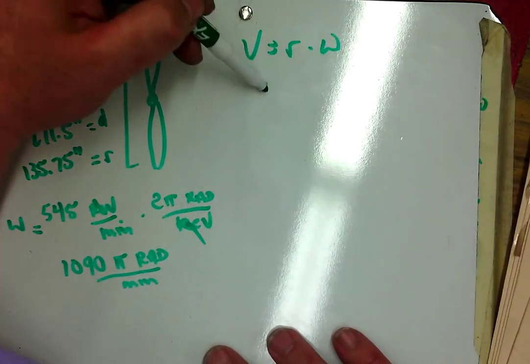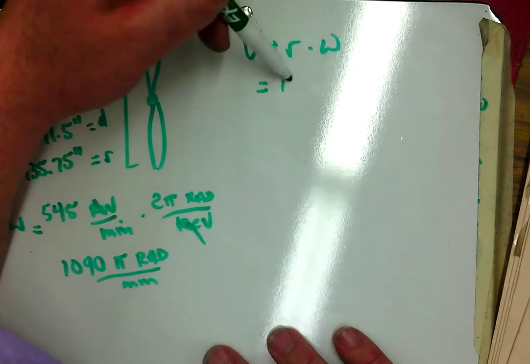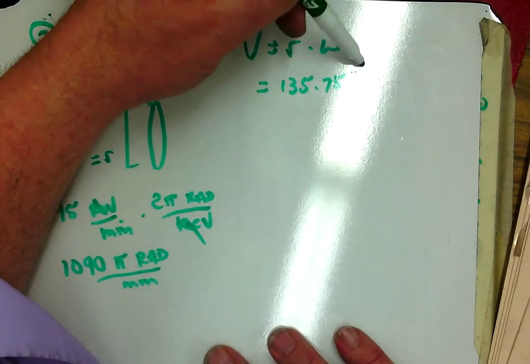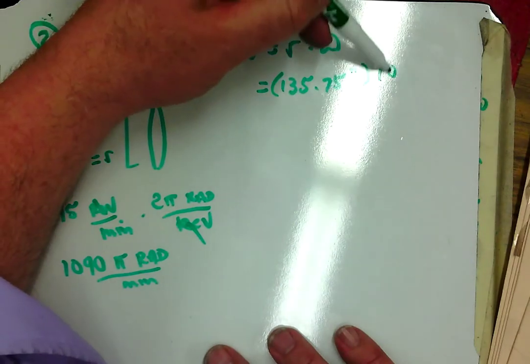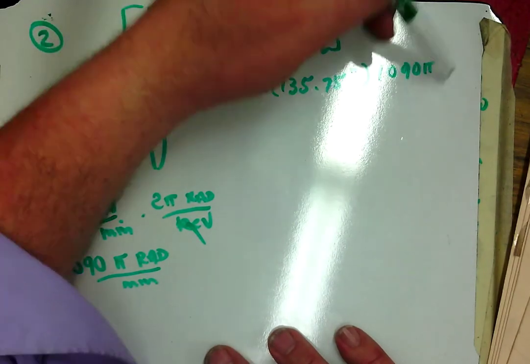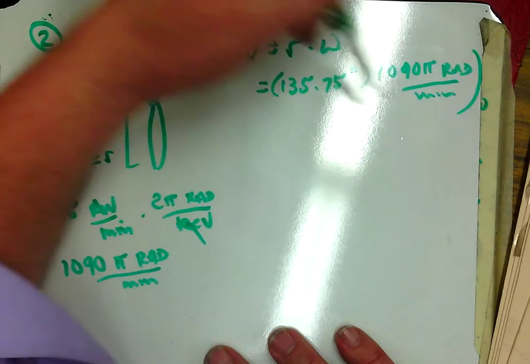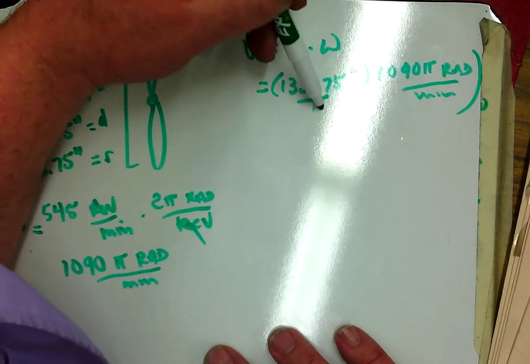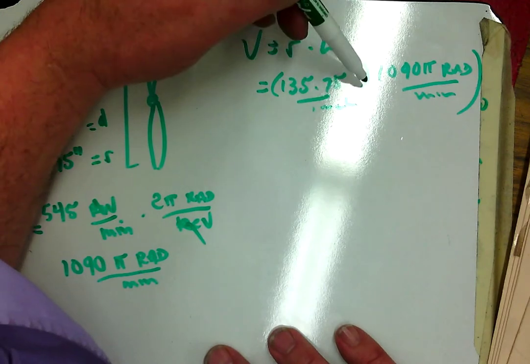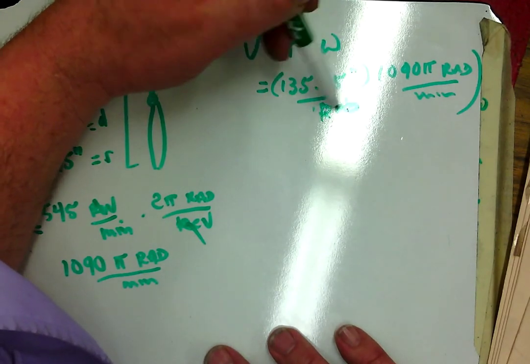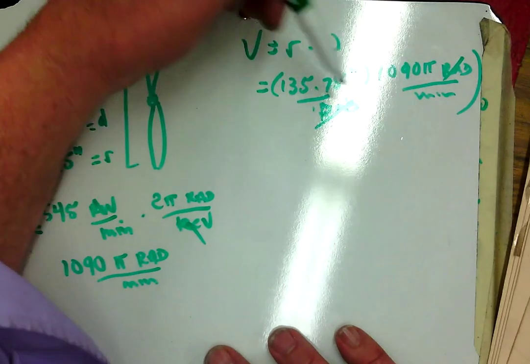So we can say radius of 135.75 inches times 1090 pi radians per minute, per radian. So the radians will cancel and I'll have inches per minute.